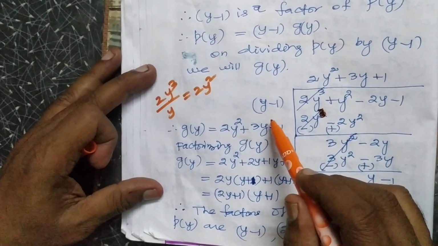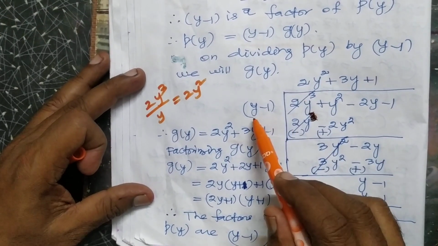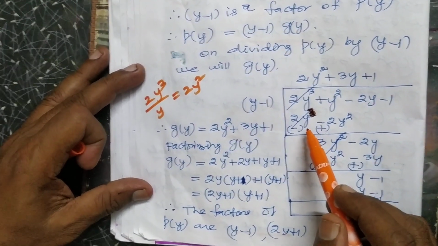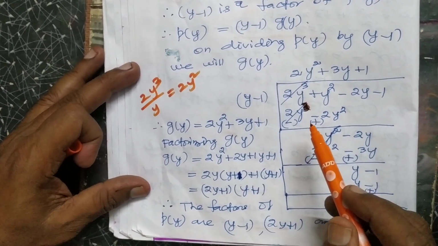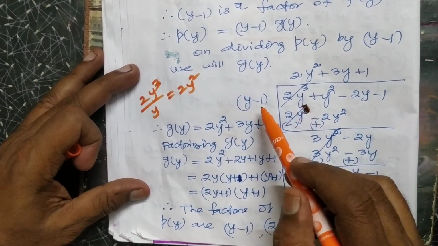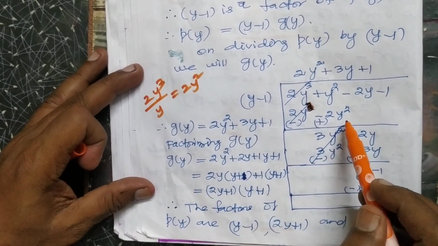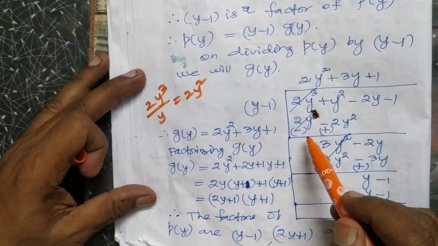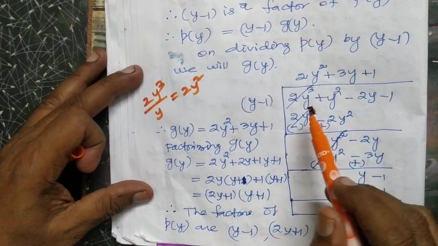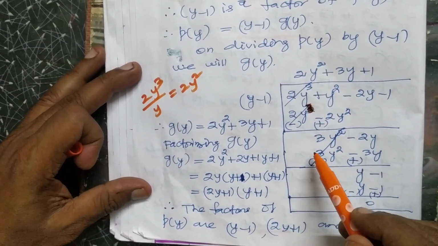Then multiply: 2y square into y will be 2y cube. Use the formula a to the power m into a to the power n is a to the power m plus n. Then plus into minus, minus 2y square. Then subtract: for subtracting, change the sign and add. Then 2y cube gets cancelled.